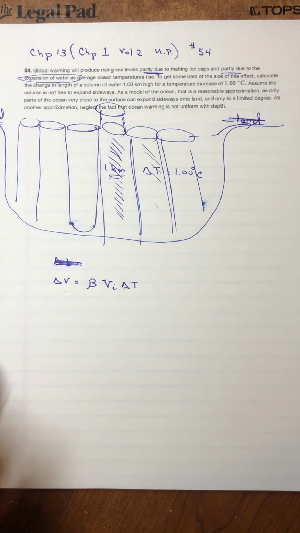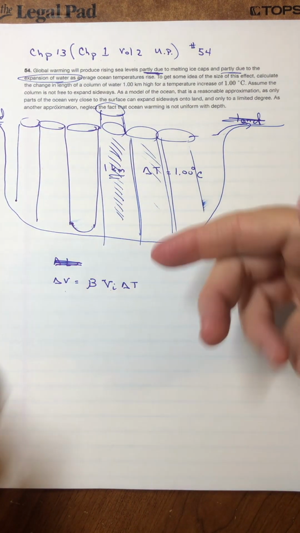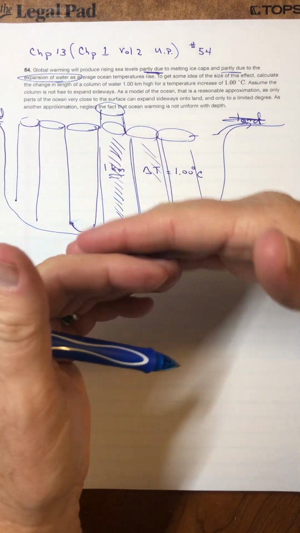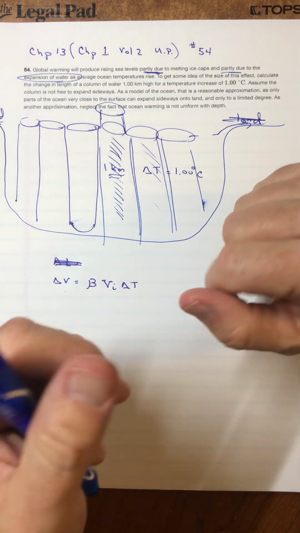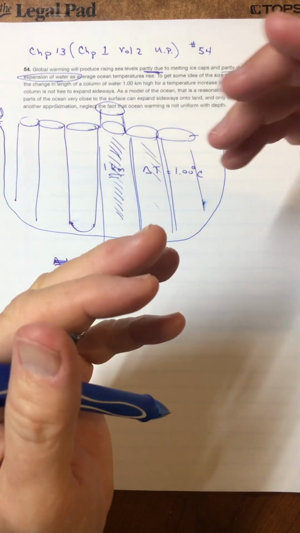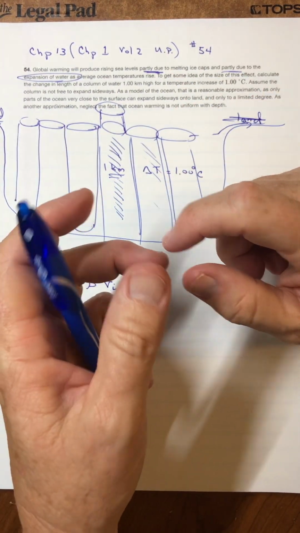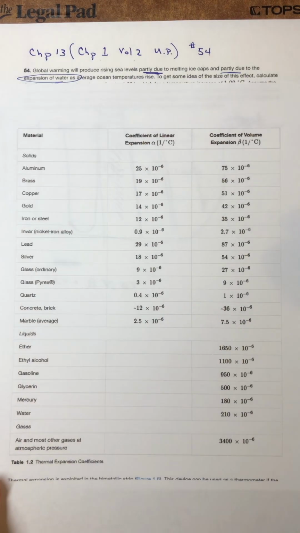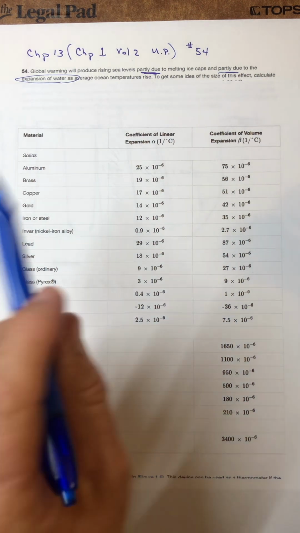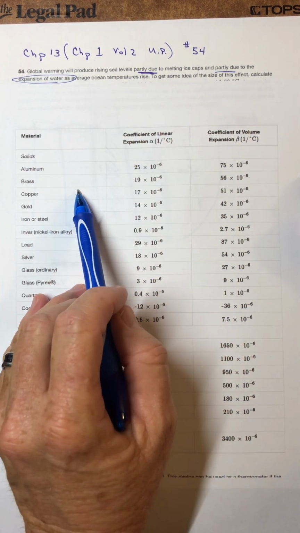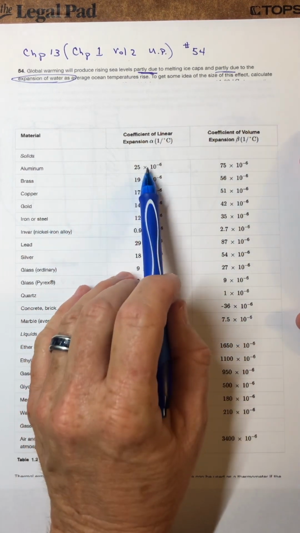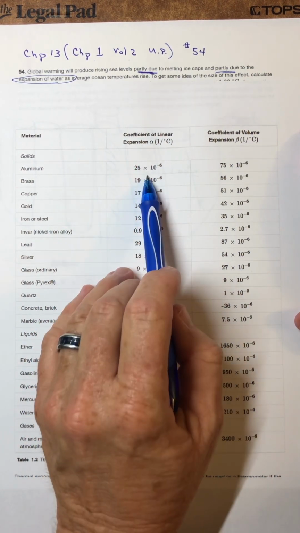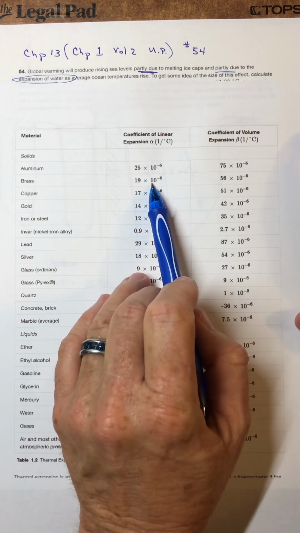And that's why you'll have liquids that appear to expand a lot more in a thermal length expansion than your metals. In fact, I went ahead and printed the chart from your book because, as you'll see, here is how much they expand linearly, and here's how much they expand in volume.